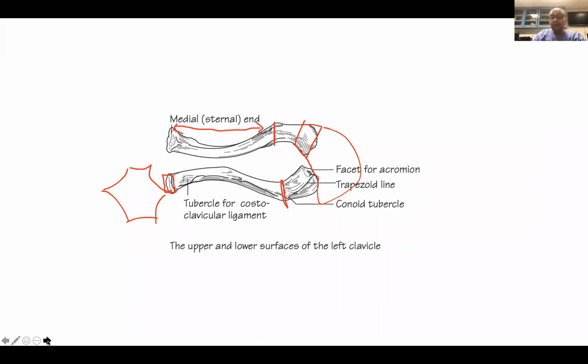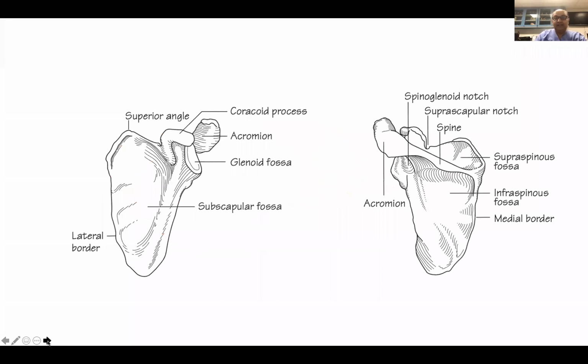But what you should know is that once the clavicle is fractured, why does my limb behave differently, and what are those factors which are happening, that we need to be connected to.